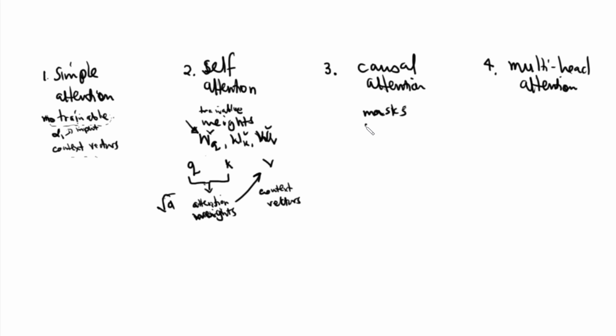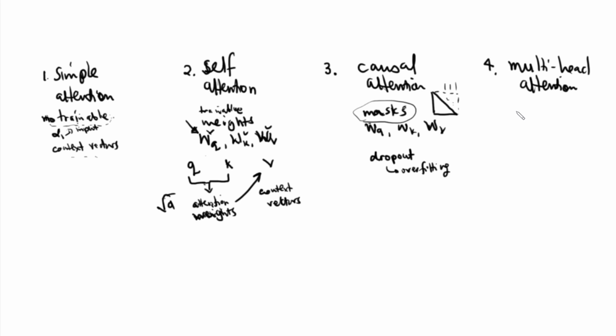We had the same WQ, WK, WV matrices, but then we applied masks so that we create a matrix where the top diagonal is ignored, because we want to make sure that the tokens in the future are not seen by the model. And we also added dropout to try to mitigate against overfitting.